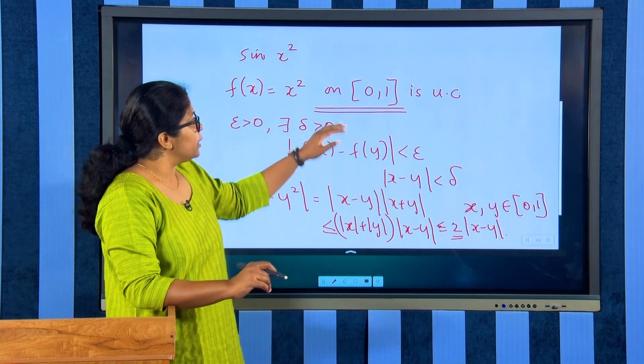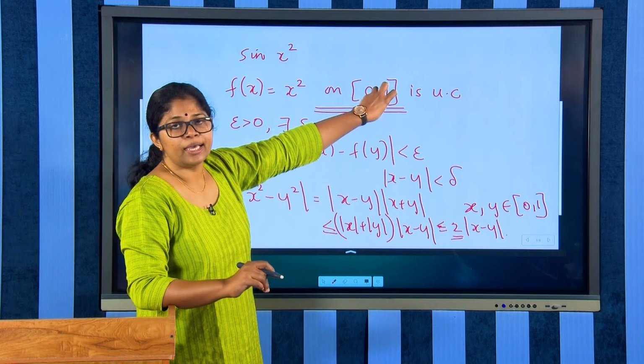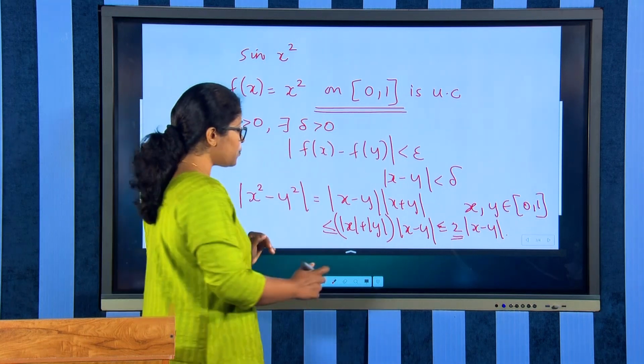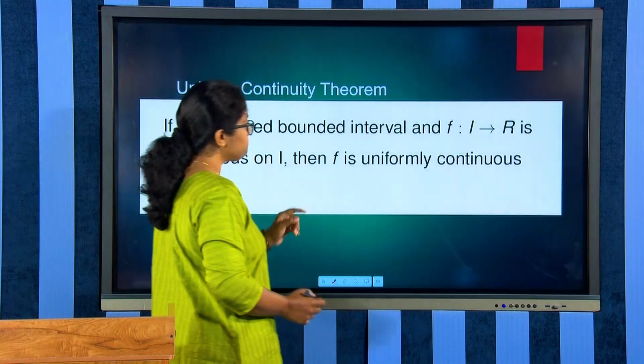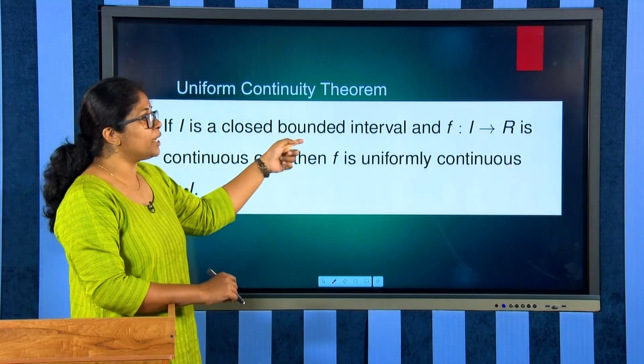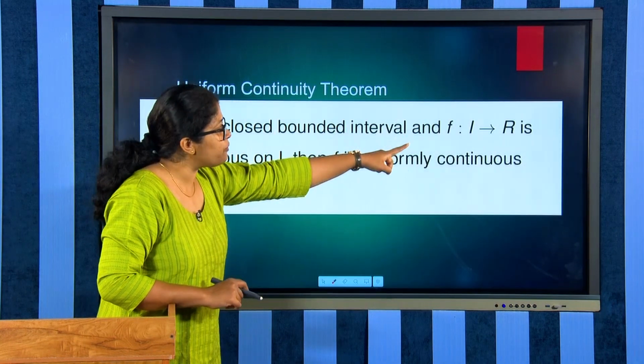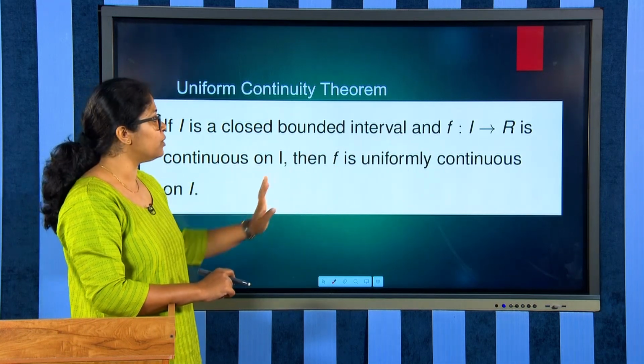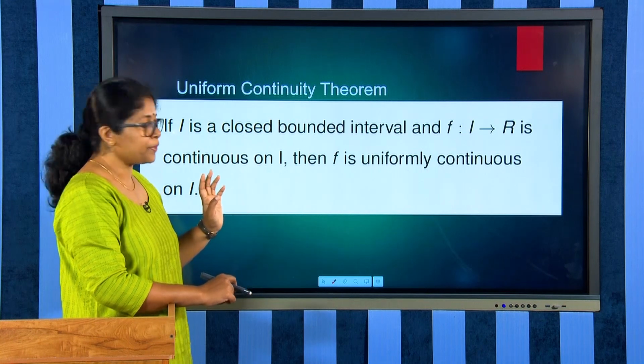So this has to play some role in showing that the function is uniformly continuous, and hence we restrict the domain to be a closed and bounded interval, and f should be continuous. Then only can we say f is uniformly continuous.